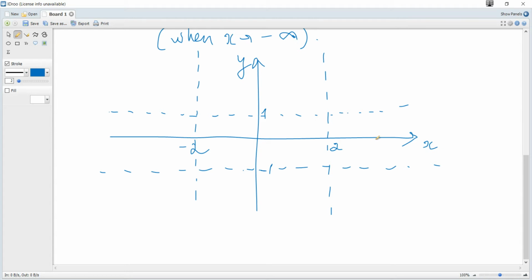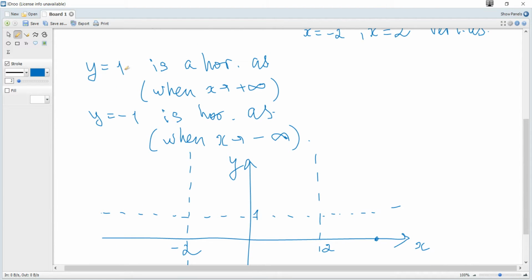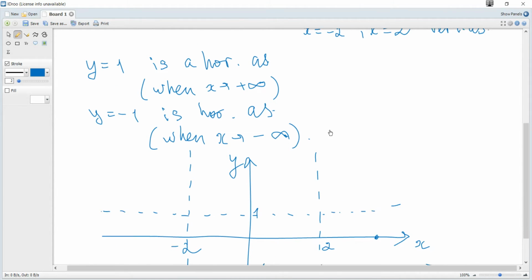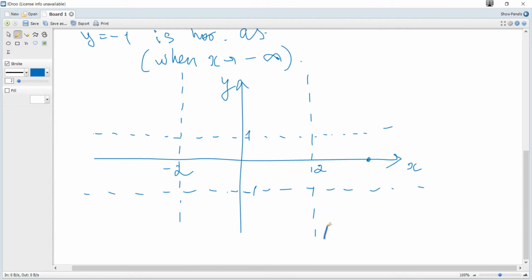And x-intercept is 12, and it's clear that y is 1 is when x tends to plus infinity. It's clear that it looks like this.